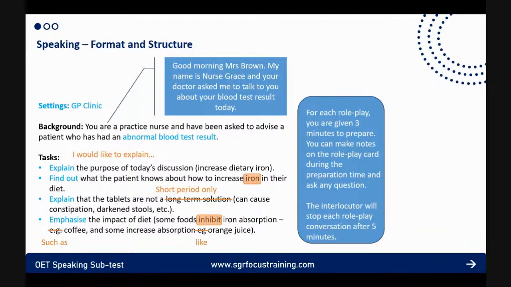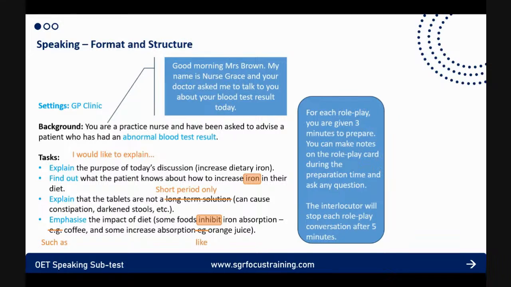Am I expected to ask the patient if they know anything about iron? And then the interlocutor will confirm or reject your question. Okay, so they might say, yes, that is correct. Basically, you're just going to ask the patient if they know anything about iron, and then you move on to the conversation.